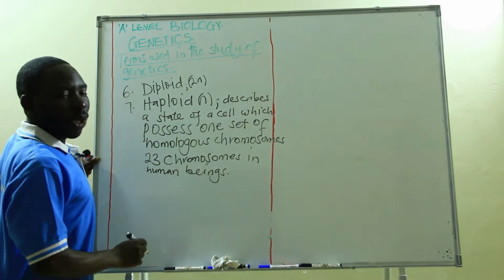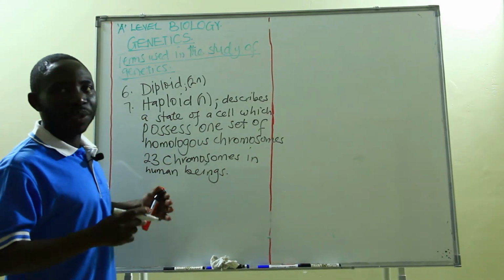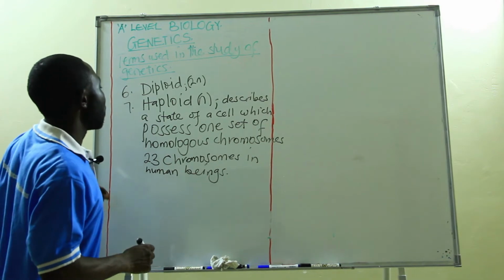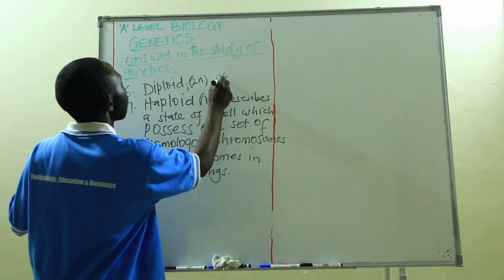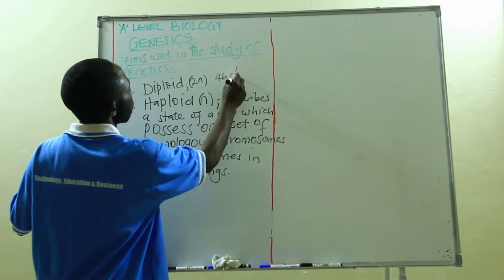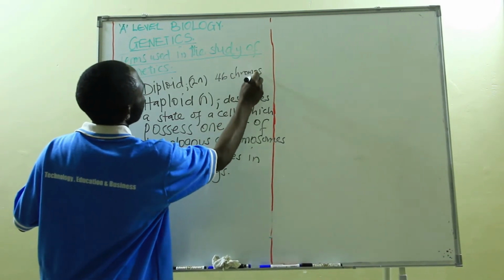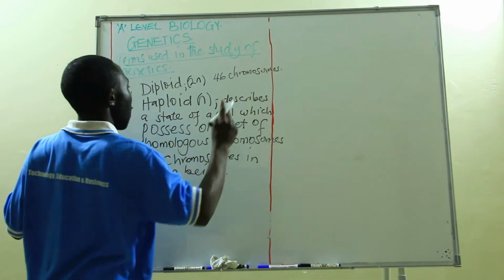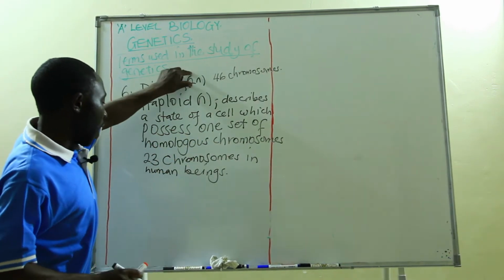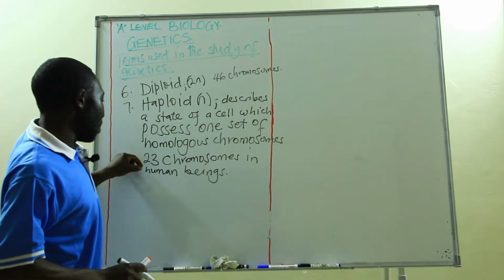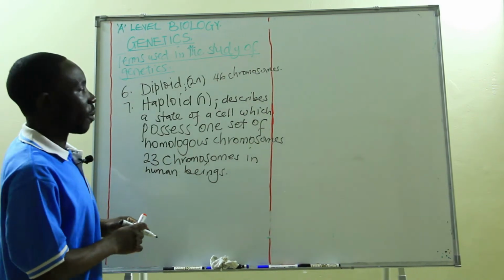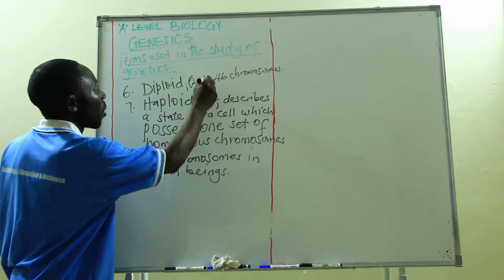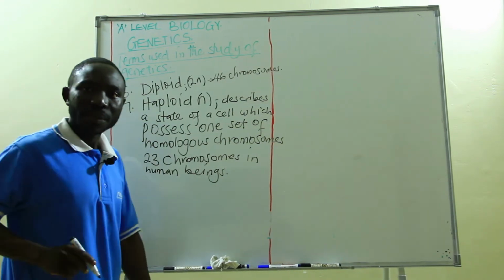The diploid condition or diploid state in human beings is equivalent to 46 chromosomes. So it means now the 2N is 2 times 23, equivalent to 46 chromosomes, what we call the diploid condition.